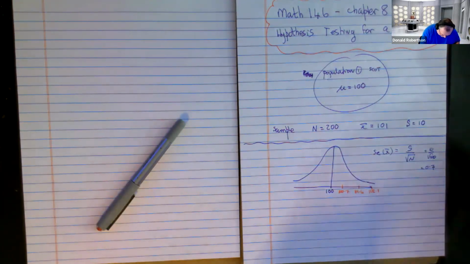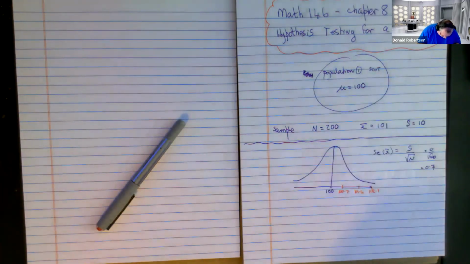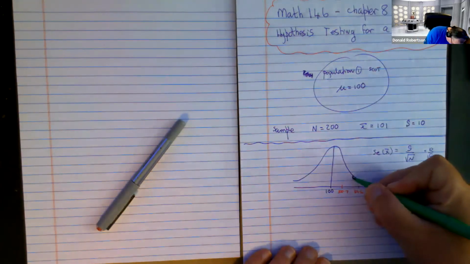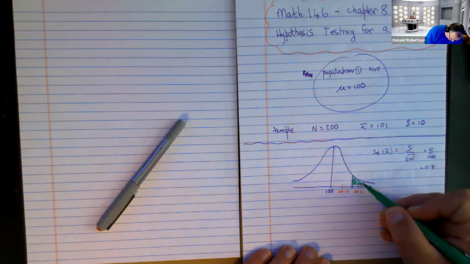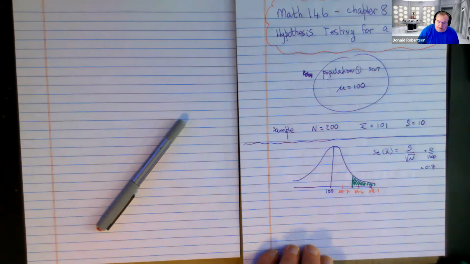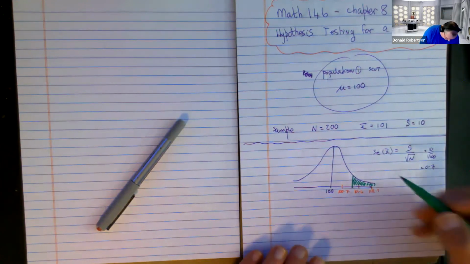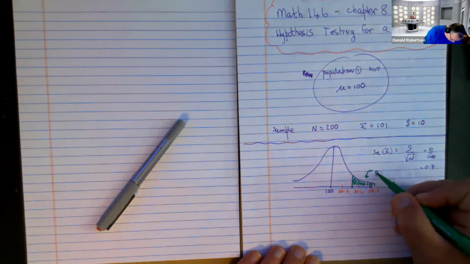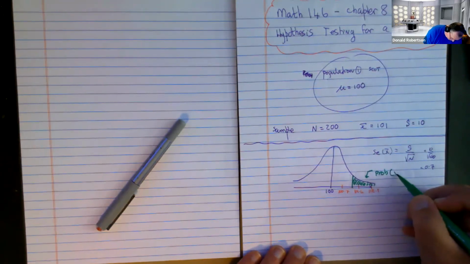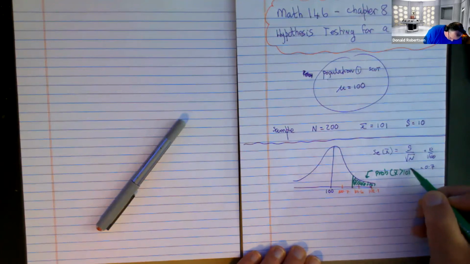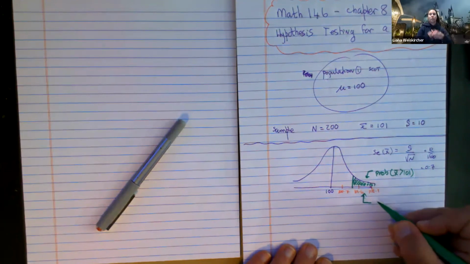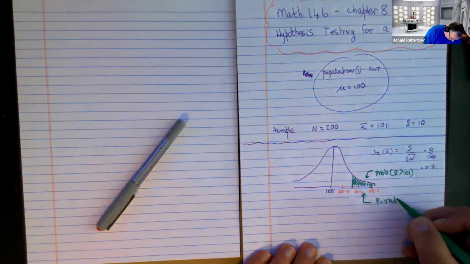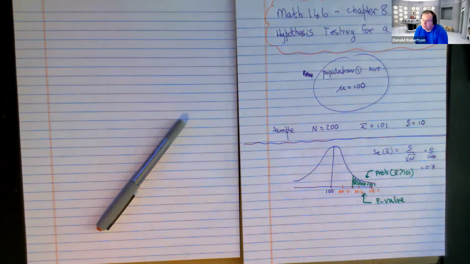Now we've got a sample mean that's 101, which is roughly about here, right? We are going to find that area there. That area there essentially represents the probability that you could get a sample mean bigger than or equal to 101. And that green area is what the p-value that we've been calculating all week is.